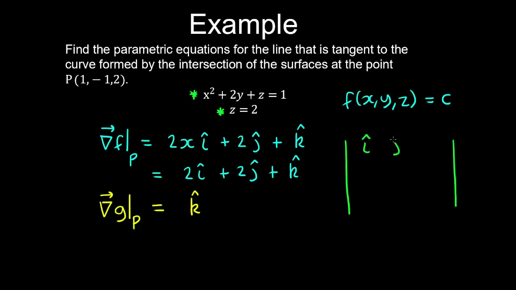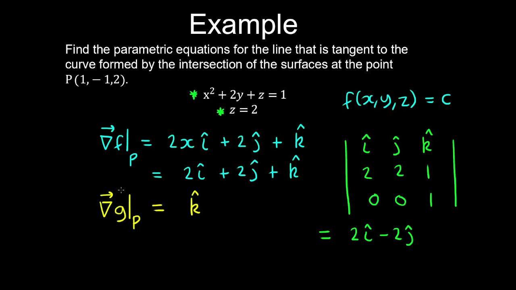So we have the unit vectors in the first row, and the components of the gradient of f in the second row being 2, 2 and 1, and the components of the gradient of g, which is 0, 0 and 1. So what we get is 2 in the i direction, minus 2 in the j direction, and plus 0 in the k direction.